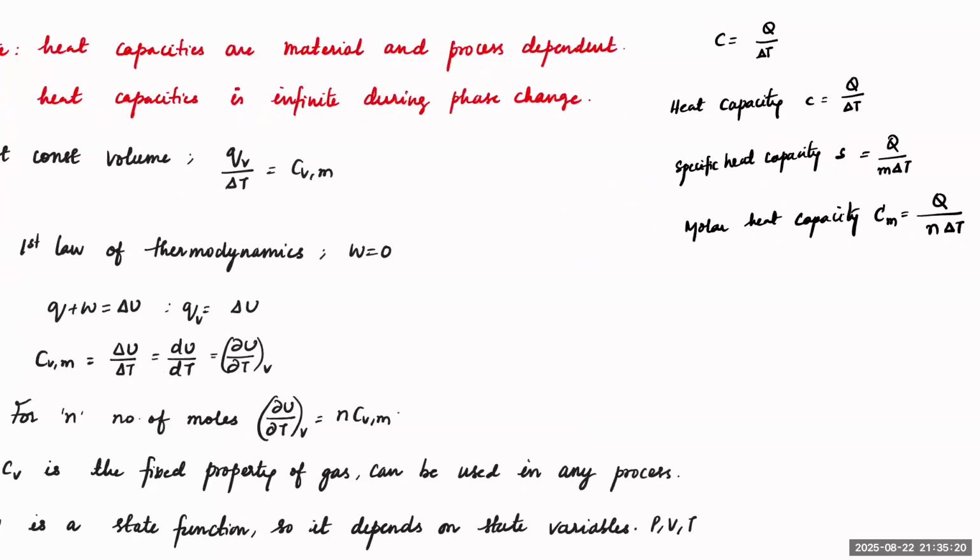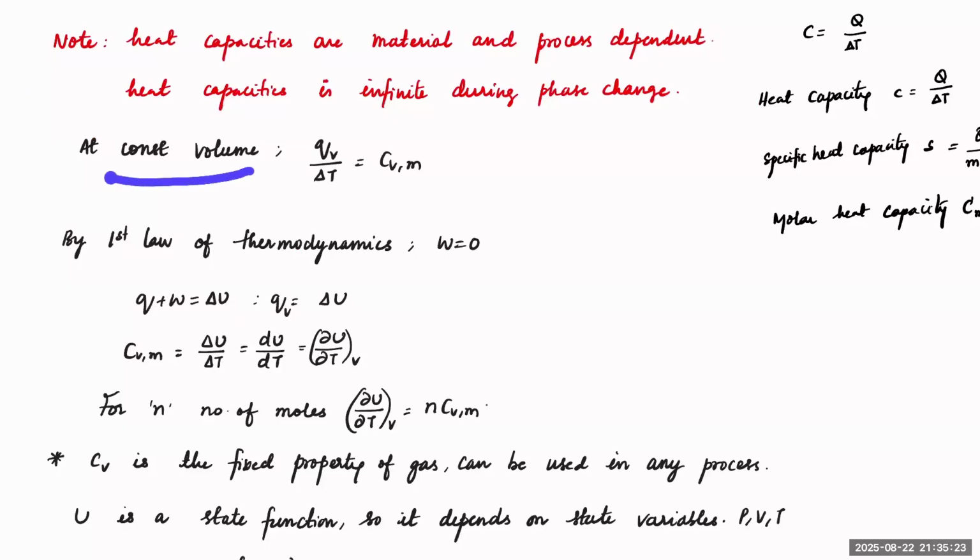Okay. So if you are writing it this way, suppose I take it at constant volume, that means I'm trying to increase or decrease the temperature of a system at constant volume. And if I'm doing it at constant volume, let's say the heat given or taken is QV. So QV divided by delta T into n. So let's say I write it as n here. Then that should be equal to CVM.